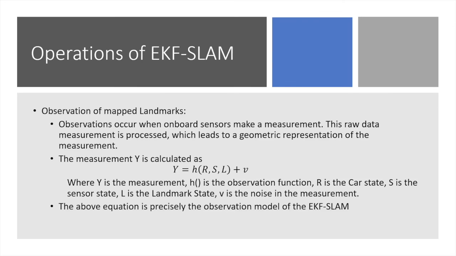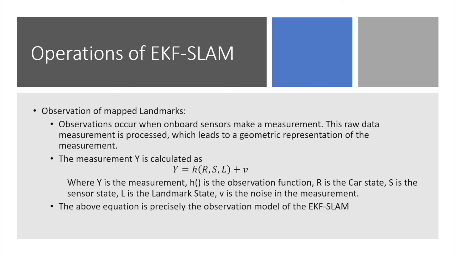H is the observation function which forms the measurement Y. R is the state of the car. S is the sensor state. L is the landmark state, and V is the noise in the measurement. So this above mathematical equation forms the output and the measurement of the car. So this process occurs repetitively, iteratively.